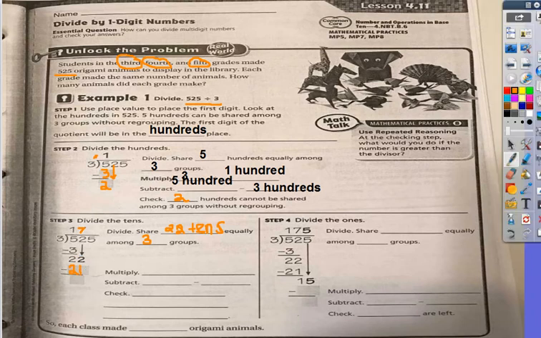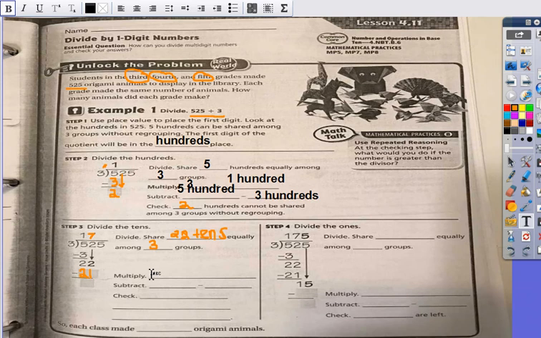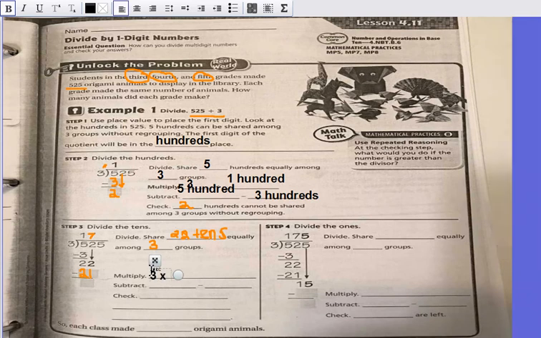Then I'm going to come over on this side and write my steps here. We multiplied 3 times 7 tens. Then we subtracted 22 minus 21.